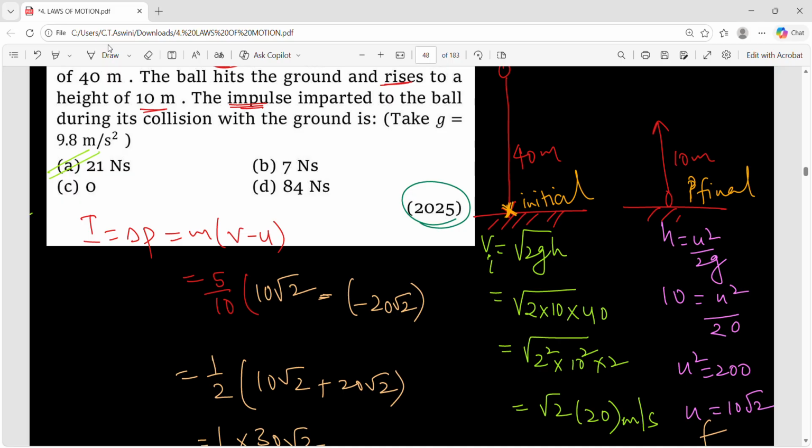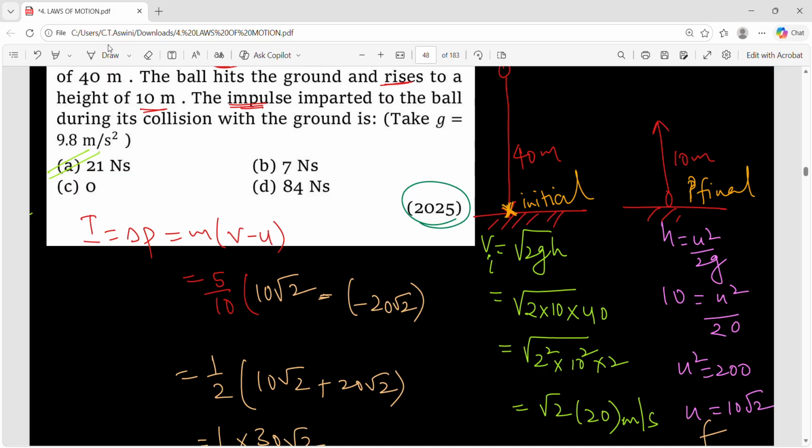Clear? Any confusion here? Ma'am, how is this initial, how is this final? Consider the whole system. Body was falling down and it is hitting the ground. When it is hitting, that was the initial velocity for this entire question. When it is rebounding, that is the final velocity for the complete question. You have to calculate the change in momentum. See, when the ball is hitting the ground, there is a collision between the ball and the ground, right?